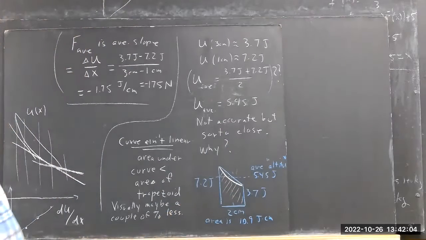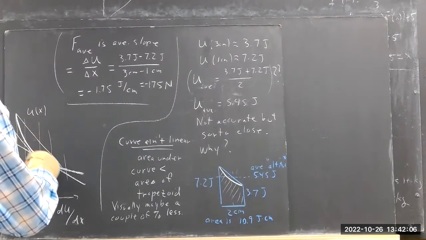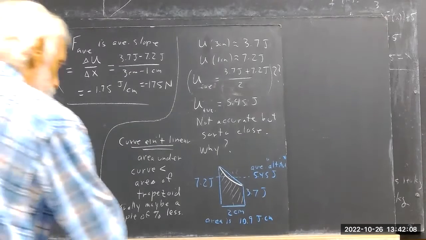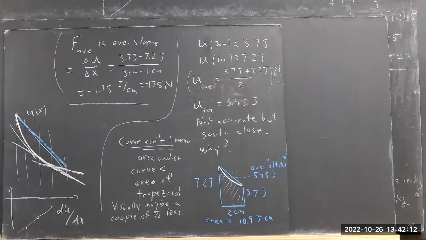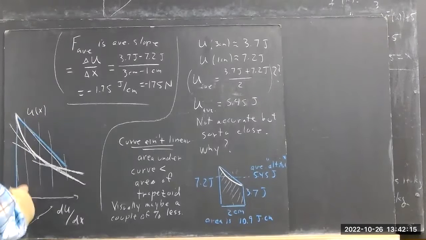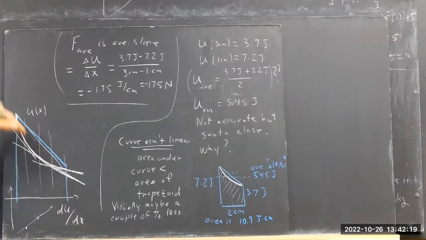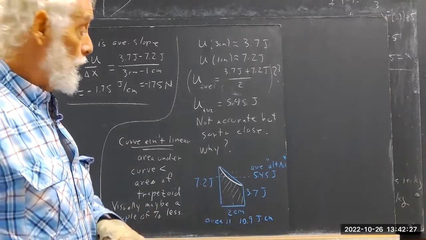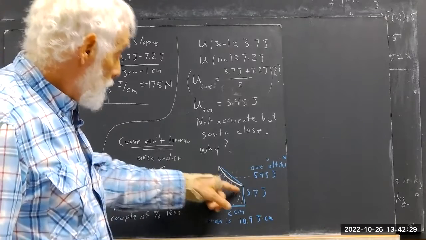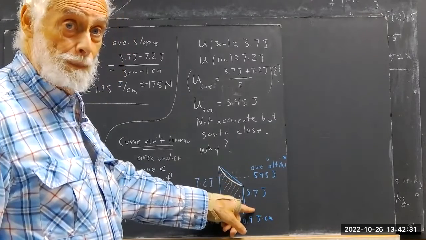If you have this curve, and this trapezoid, then the area beneath this curve would be significantly less than the area under the trapezoid. Remember, the average value of the function turns out to be the area under the curve divided by the length.